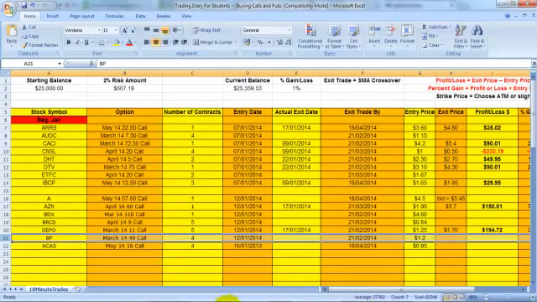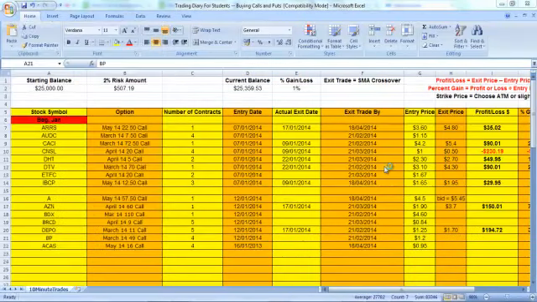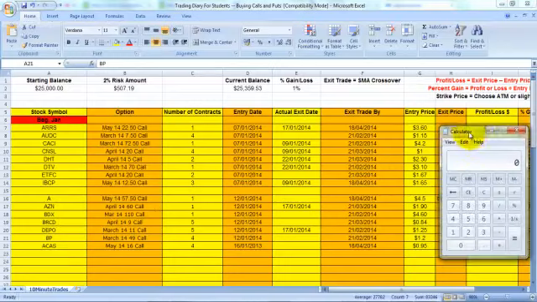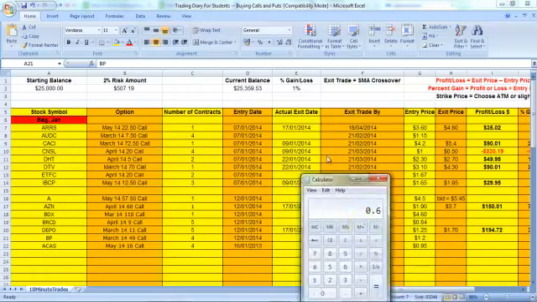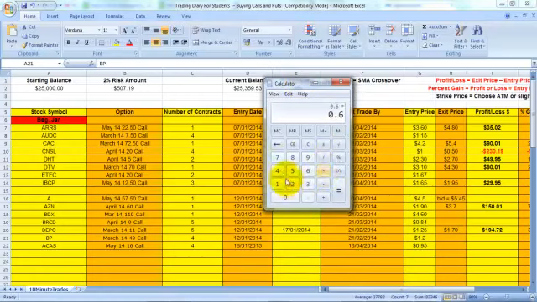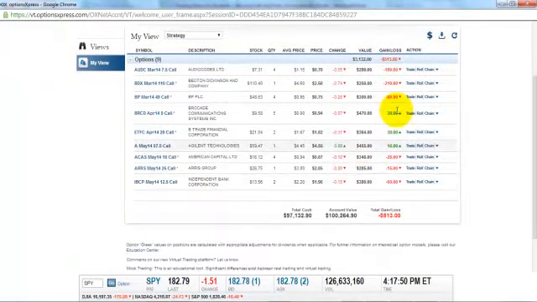Okay, so $1.20. If the chart is almost crossing, if there's no cross, you don't need to exit unless you've lost 50% of BP. So we entered it at $1.20 divided by 2, and we bought how many contracts? 4. So I multiply this by 400. So unless I lose $240, if I go to my positions, and if BP is not down $240, I'll leave it.